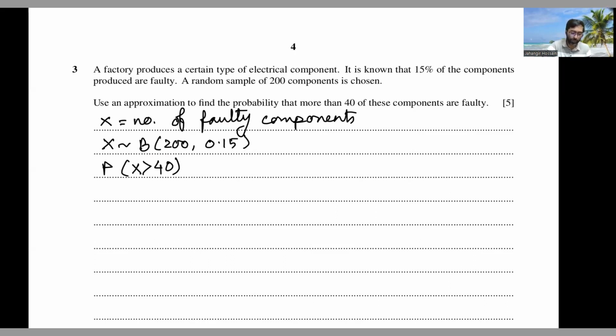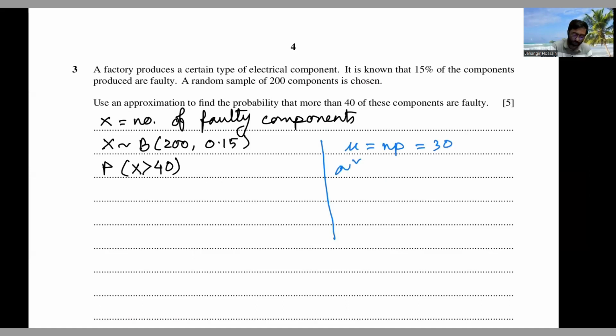For a binomial distribution, when n is large, we use a normal approximation. In that case, we have to calculate the mean of the binomial distribution, which is np: 200 times 0.15, which is 30.